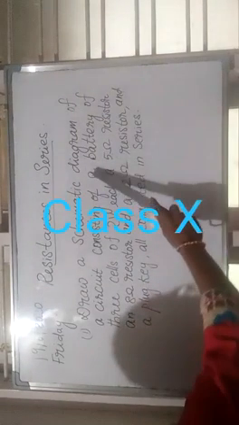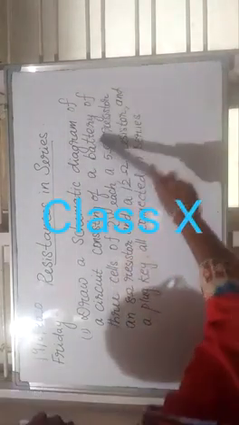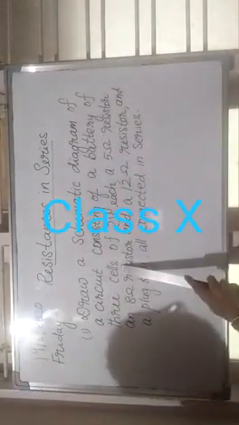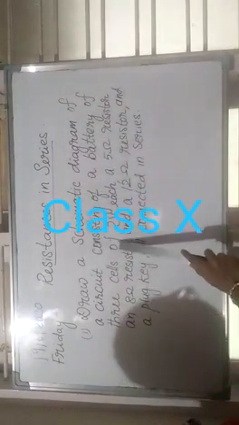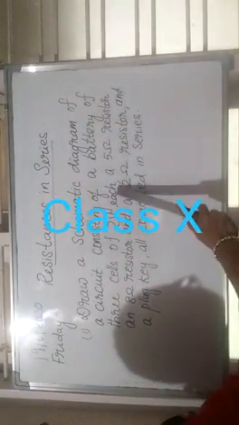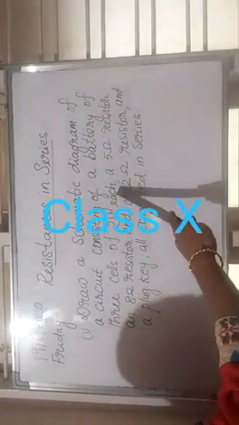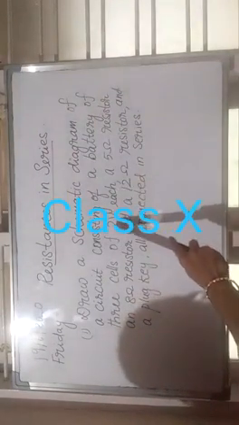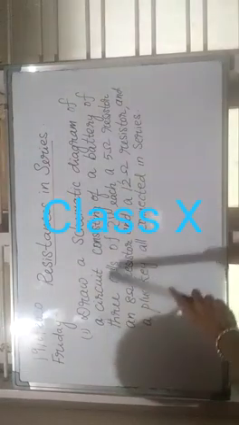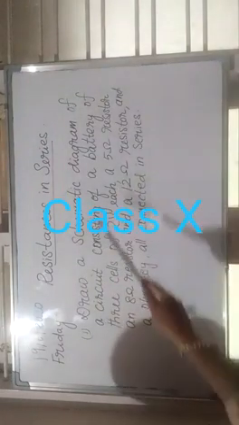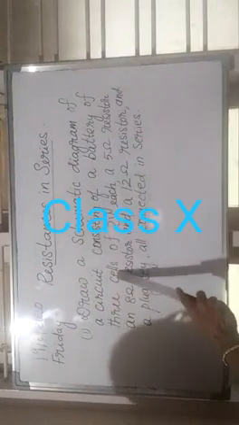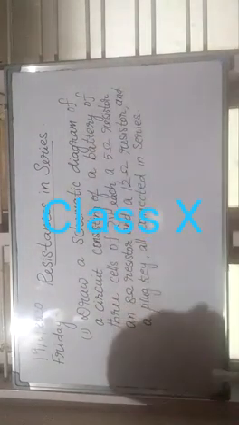Here, in this battery, how many cells are there? 3 cells of 2 volt each. So one cell is 2 volt and such 3 cells connected together make a battery.